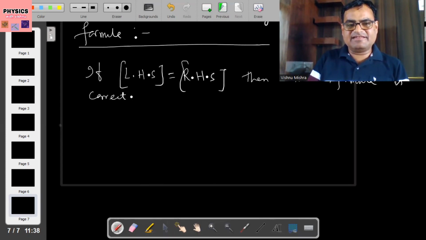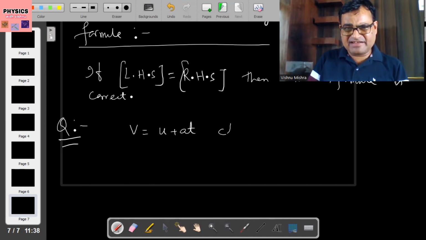Let's write the question here. We have to check whether v = u + at is correct or not. Dimensionally, check this formula.